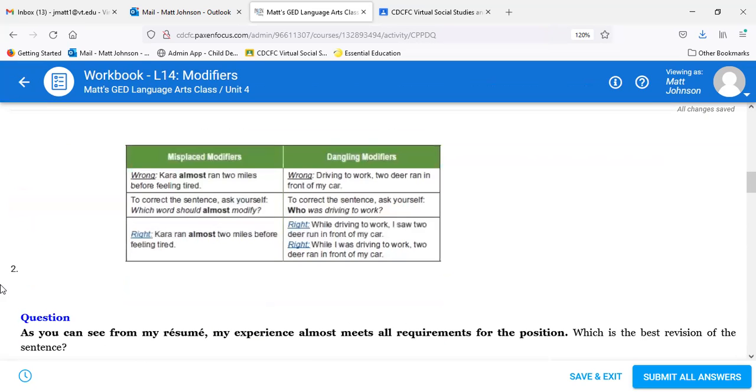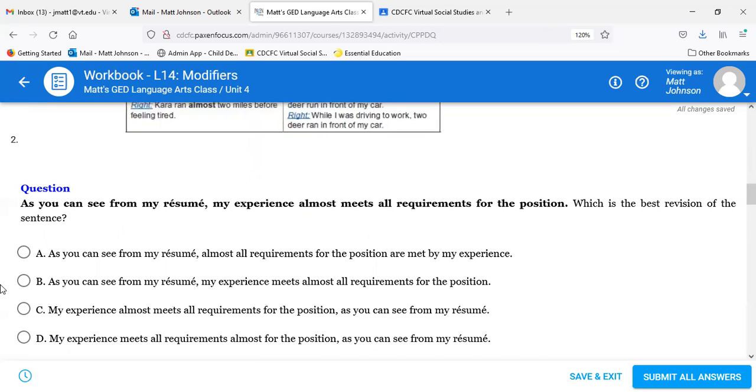So here, let's try this one. Nilda, let's try number 2 here. As you can see from my resume, my experience almost meets all requirements for the position, which is the best revision of the sentence. A, as you can see from my resume, almost all requirements for the position are met by my experience.